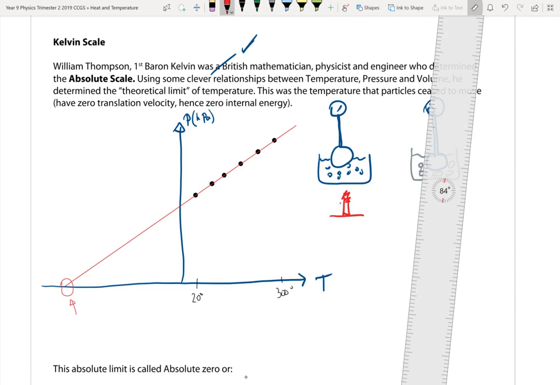That is the pressure at which the particles are not even colliding with the walls of their container. That must mean that they are not moving. So that is the temperature at which atoms cease to jiggle. That is the temperature at which they have no velocity, and that is the lowest possible temperature ever.